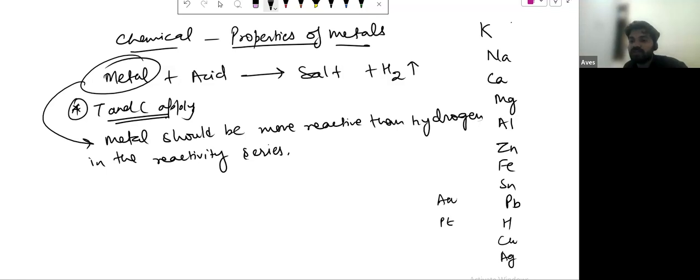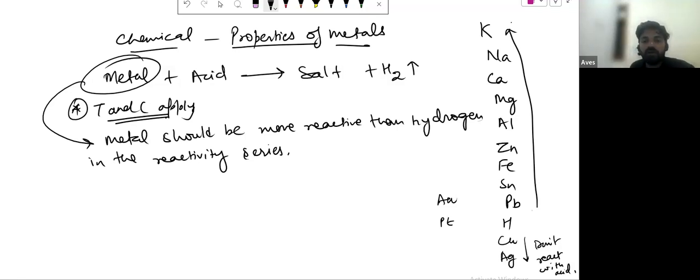So those metals that are above hydrogen can react with acid. Those metals that are below hydrogen don't react with acids.